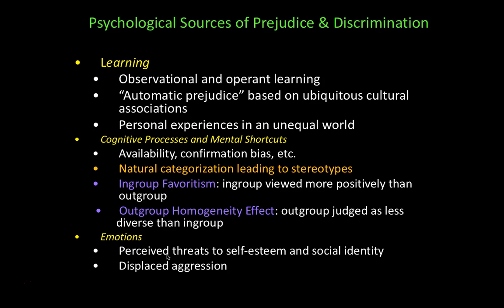Cognitive processes and mental shortcuts. As we will discuss a little bit later, things we've encountered in the past, the availability heuristic, confirmation bias, are normal cognitive processes that can serve not only to create a stereotype, but also to sustain it. We'll get back to that in a little more detail in a moment.